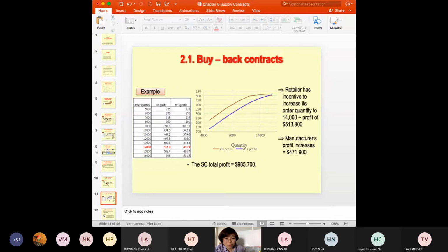So the total profit of the supply chain is increased.